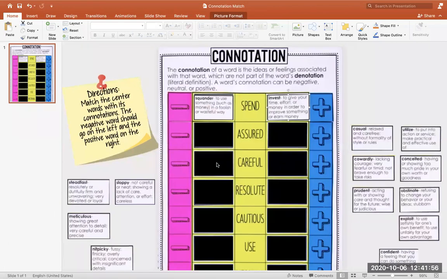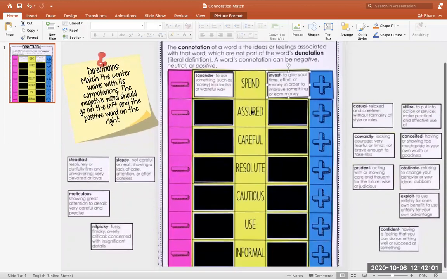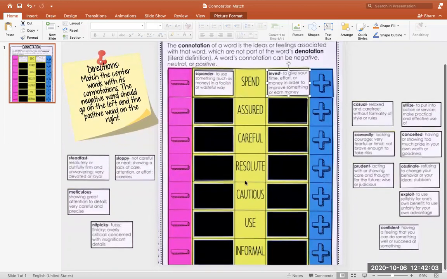So what you guys are going to do is go through, and again, if you don't know what the word means, just look it up, just like I did with spend, and then figure out which is the negative connotation and which is the positive. These are all mixed up. I'm not circling here because these are all negative, because I can look over here and there's definitely one that's not negative.